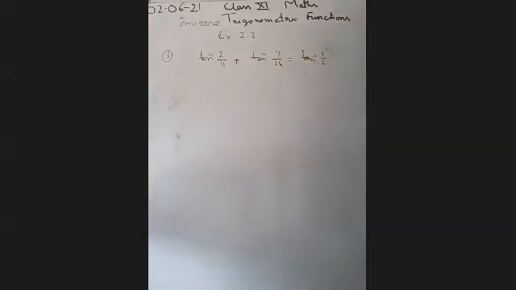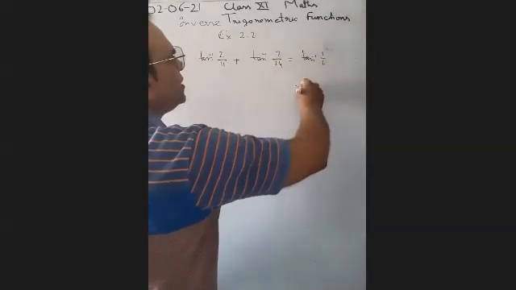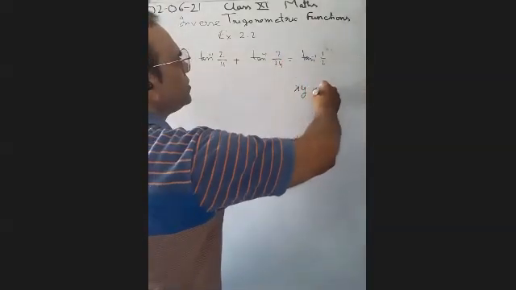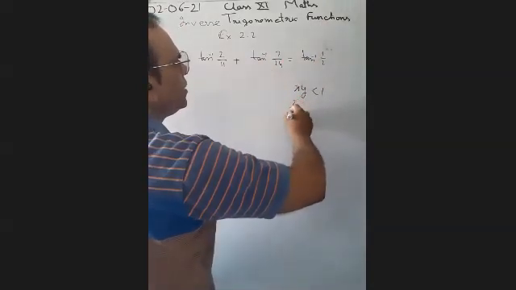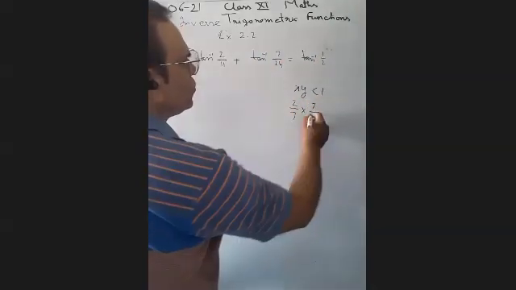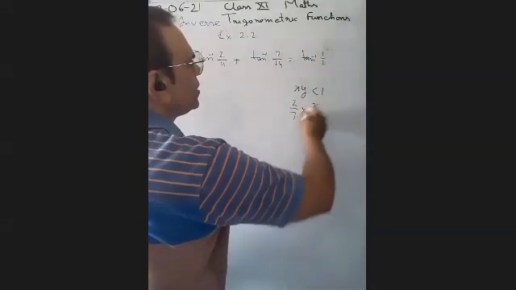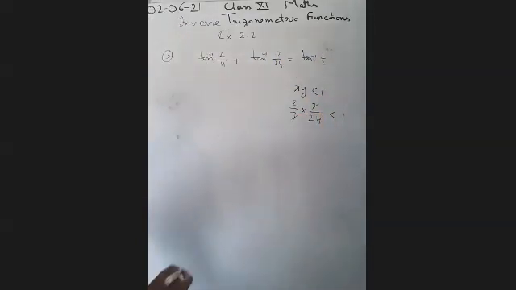See, what was the condition of tan inverse? We can use the formula of tan inverse x plus tan inverse y. The condition was that x times y should be less than 1. Just check that one: 2 upon 11 and 7 upon 24. It is less than 1, 1 upon 12. So we can apply this formula.